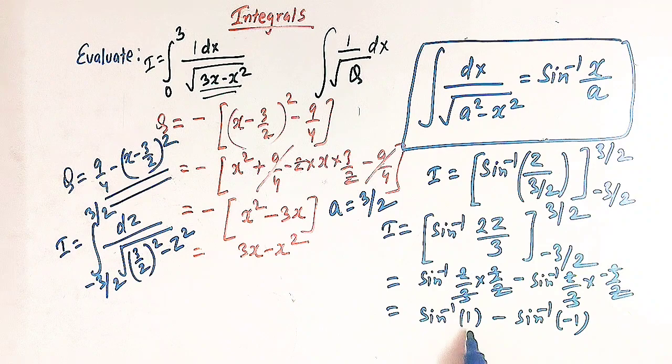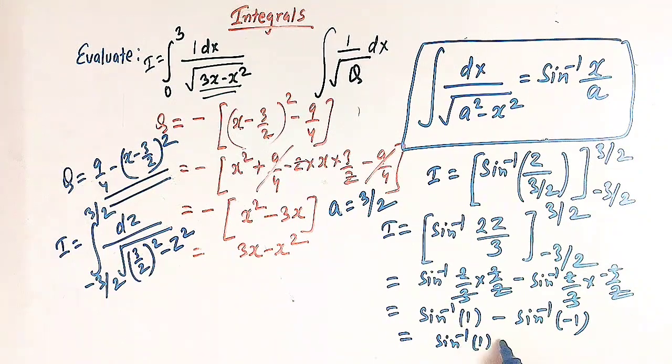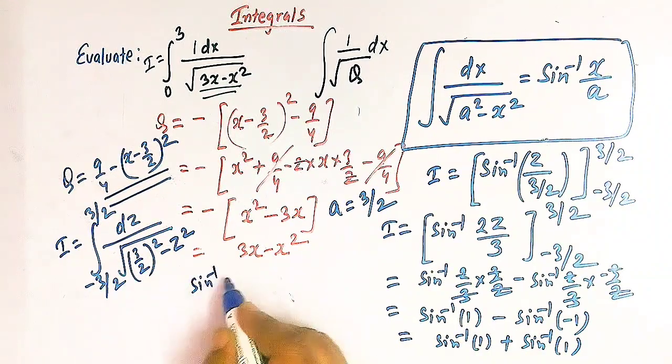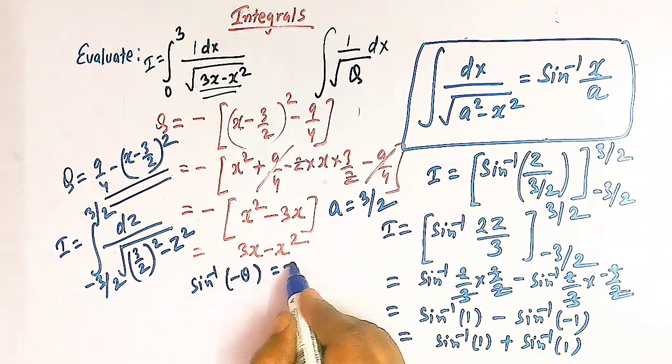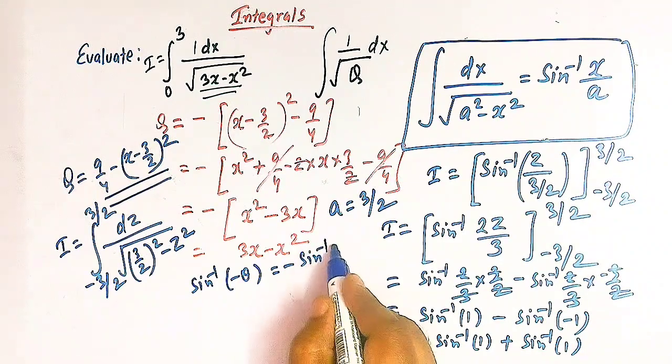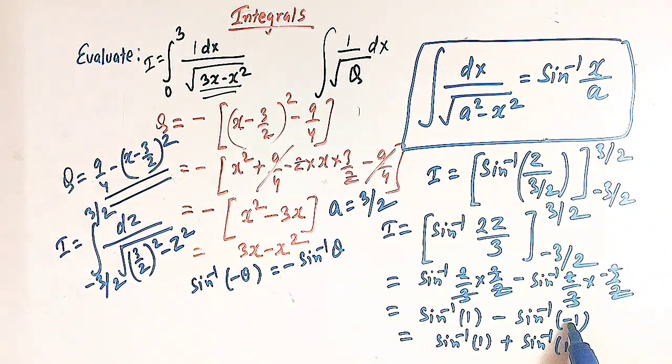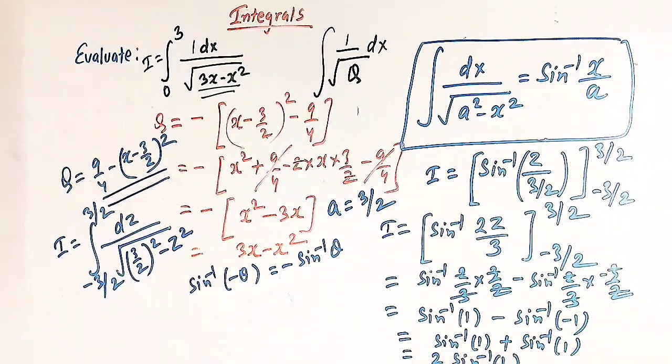So we have sine inverse 1 minus sine inverse of minus 1, and this is sine inverse 1 plus sine inverse 1, because we know that sine inverse of minus theta is equal to minus sine inverse theta. So this negative can be taken out, and minus and minus becomes plus. So we have now 2 times sine inverse 1.